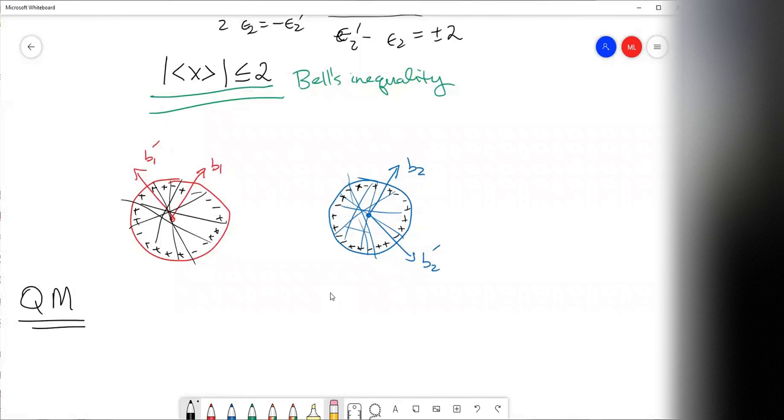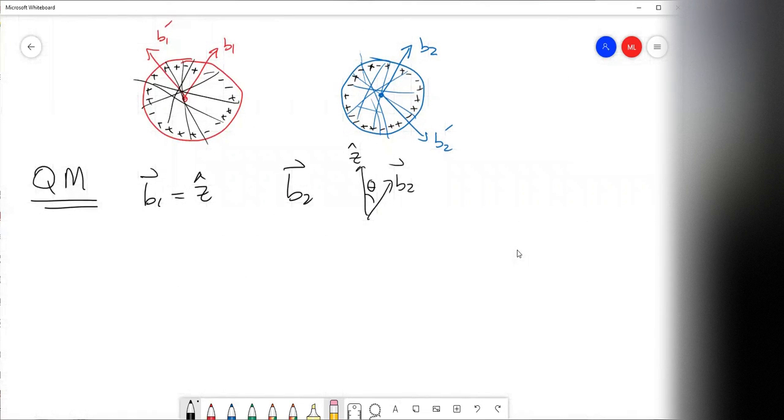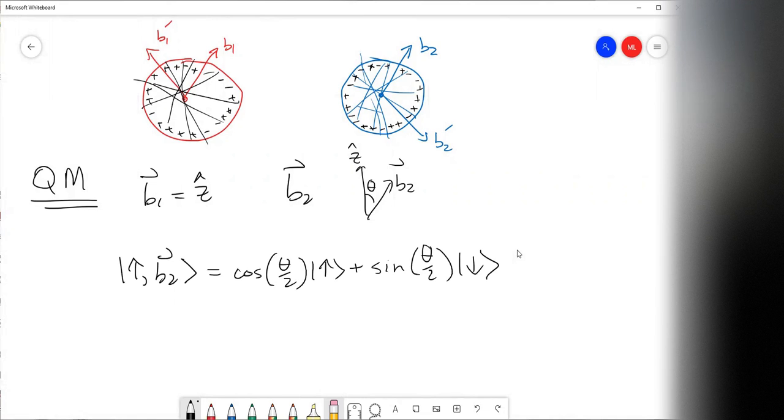So in quantum mechanics, let's assume that B1 is along the Z direction. That's easy. And let B2 be some angle theta away from the Z-axis. Okay, so we know then that the spin up along the B2 direction is going to have the following form, right? It's cosine theta over 2 up arrow in the basis that we're familiar with, like that.